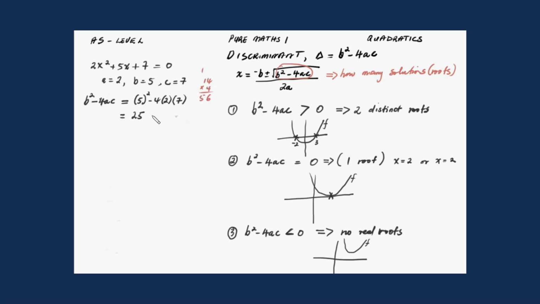So we are going to have minus 56. It looks like we are going to have a negative value here. Let's see what it is: 56 minus 25 gives us negative 31.